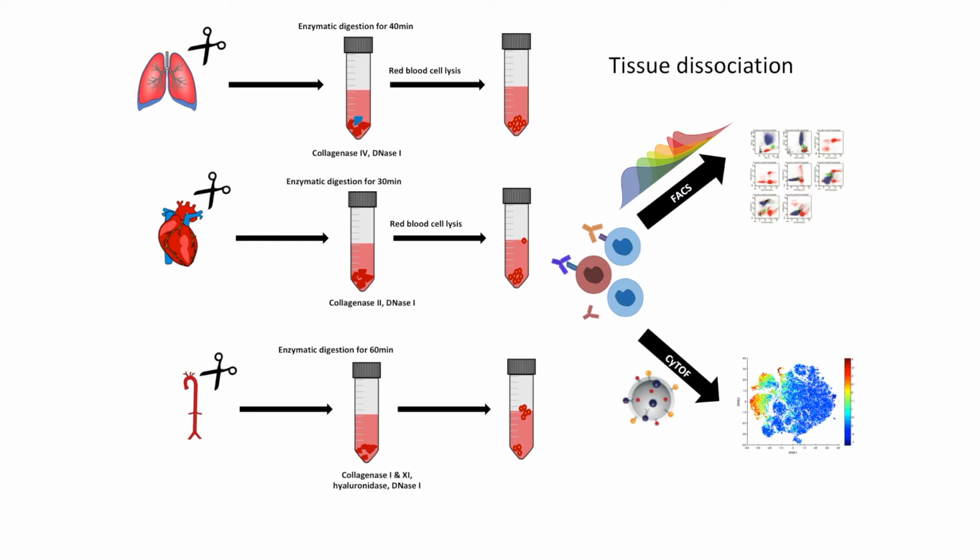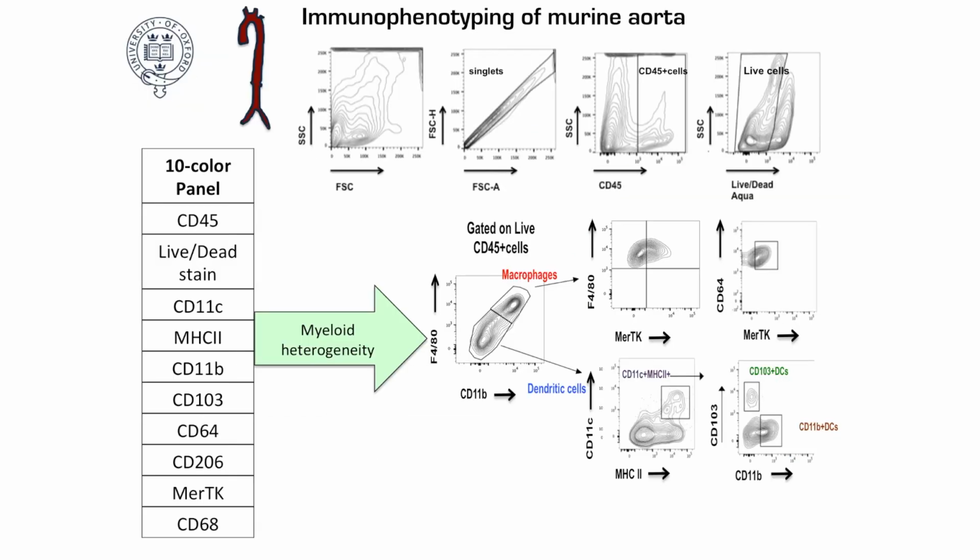In cardiovascular research, you might take advantage of experimental models of disease, and we use a lot of tissue dissociation of several organs. It can be the heart, the aorta, also lungs. And you can apply on this a single cell dissociation. Usually we apply flow cytometry, but we started applying CyTOF to understand the cellular heterogeneity in these cells.